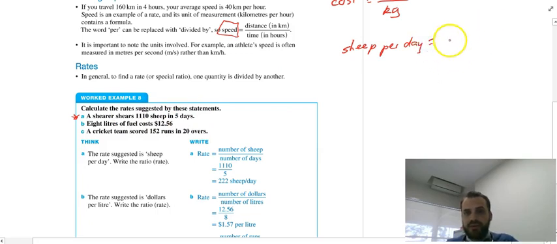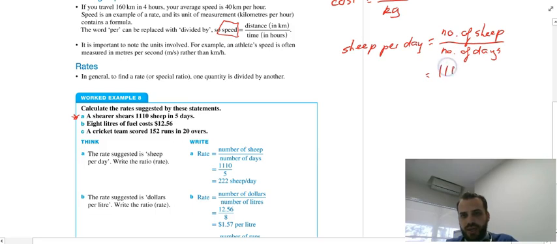That's going to be equal to the number of sheep divided by the number of days. So this person sheared 1,110 sheep in 5 days.